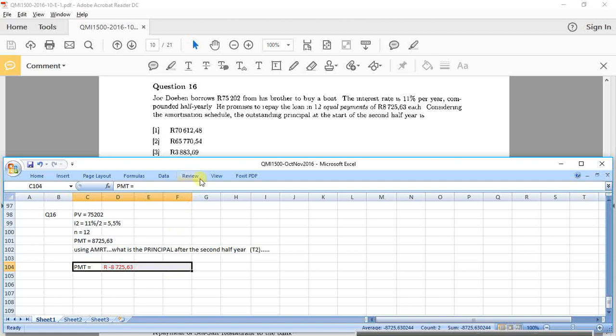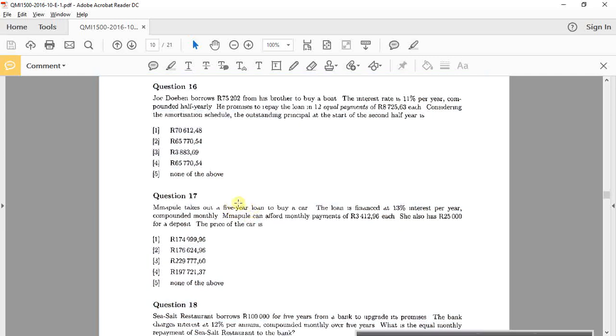So yeah, it would be none of the above, so you were right. No, I was talking about question 16. What I've done wrong is I said 6 months instead of 12 months. Compounded half yearly. And the loan is, there's 12 equal payments.